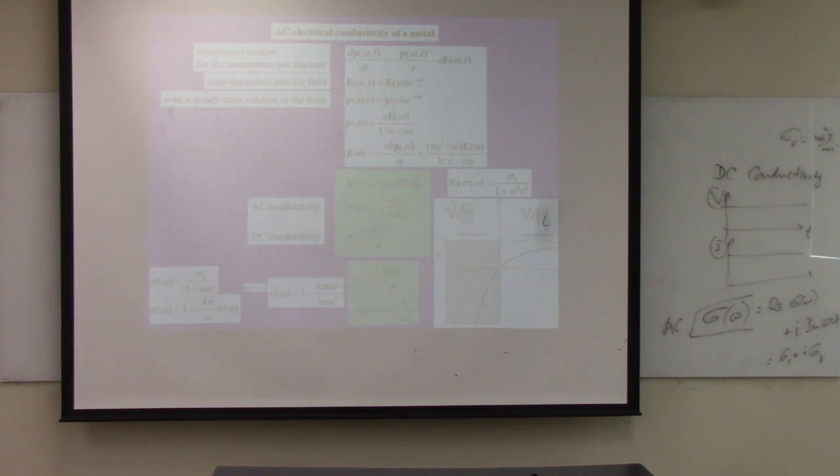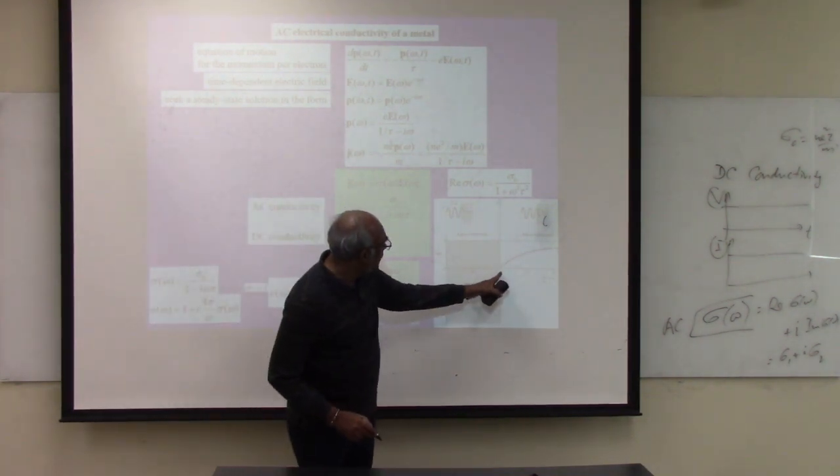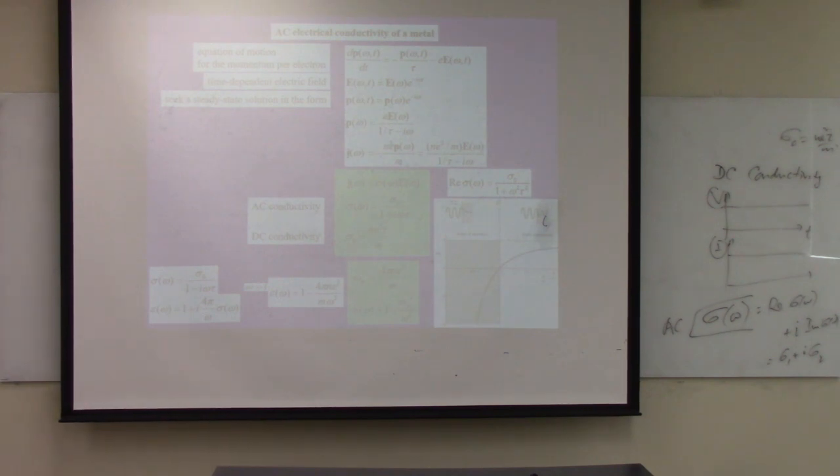For omega larger than omega p, this is positive. When omega p is larger than omega, then this becomes negative. You have this kind of relationship. This is where omega over omega p is 1. So you can see here.